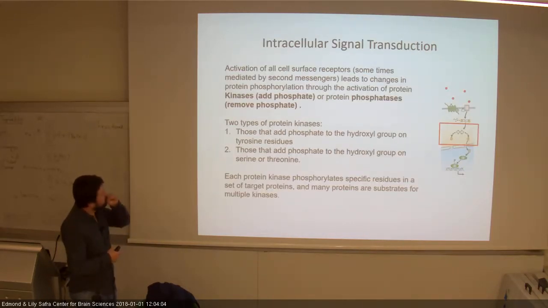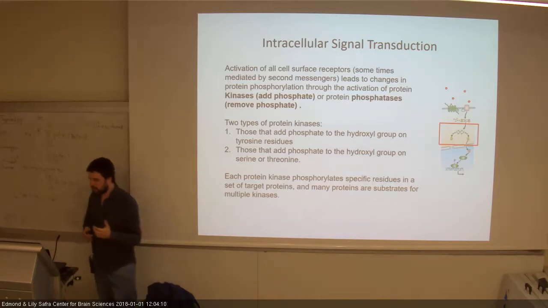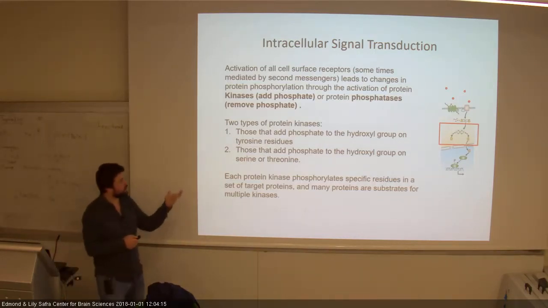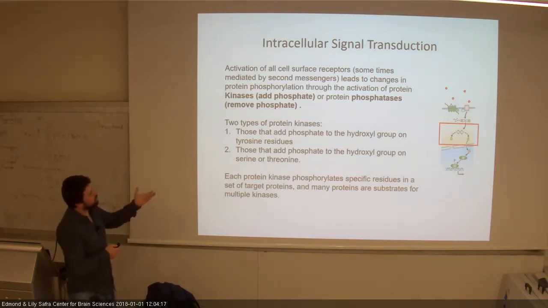And what the response to cyclic AMP does is that it activates enzymes, often kinases. So again, it's very similar to what we saw in the Kandel paper, where the activity of kinases, like protein kinase A, is elevated in the presence of cyclic AMP.